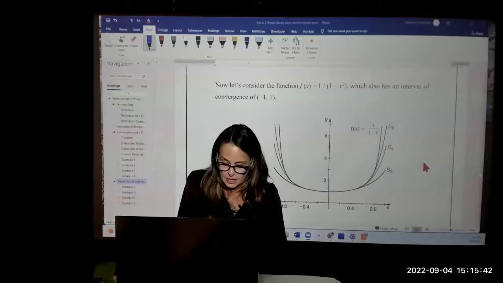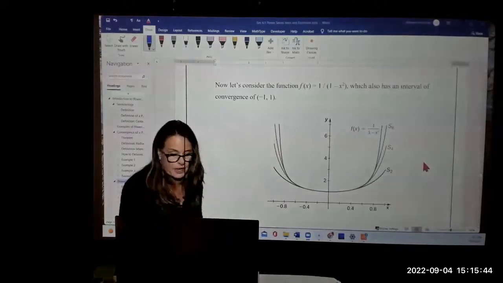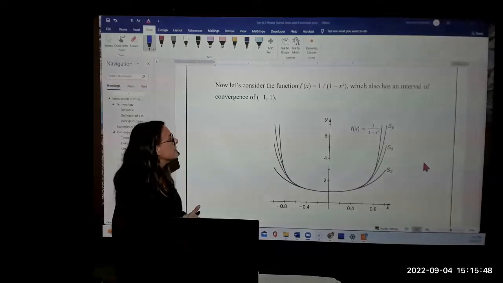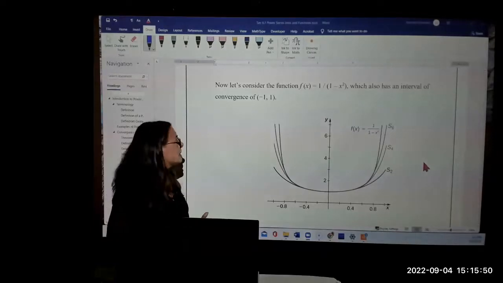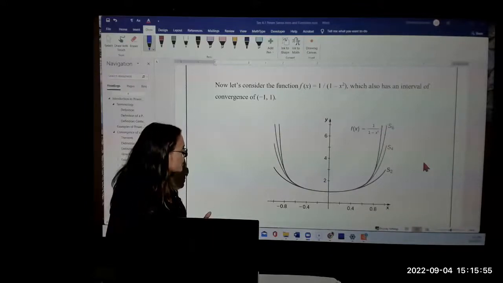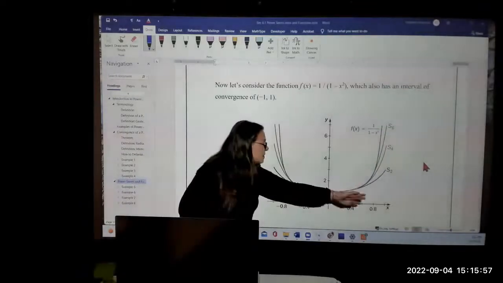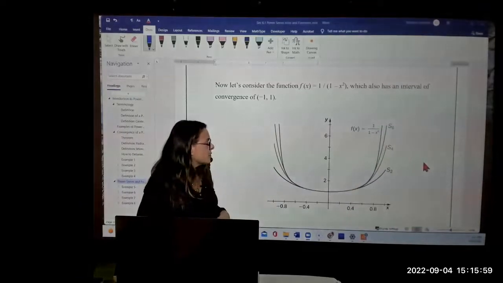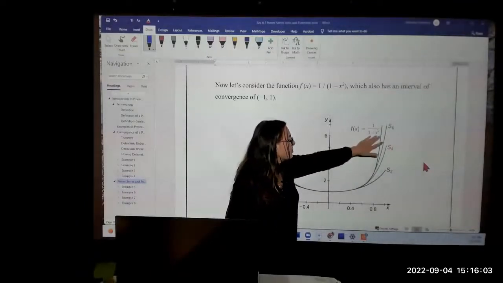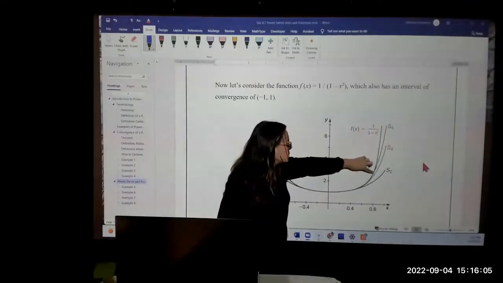Now let's take a look at the function 1 over 1 minus x squared. This can also be represented with a power series. It also has an interval of convergence of -1 to 1. When we look at this one, again, going from -1 to 1 on the real number line, we can see that the actual function 1 over 1 minus x squared is again in this blue color.